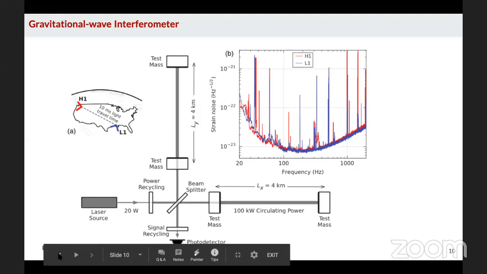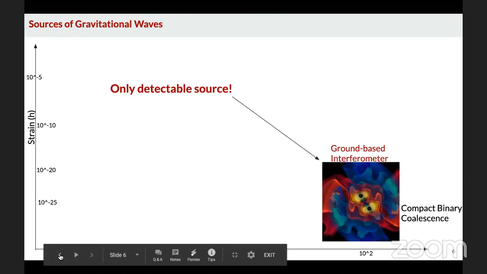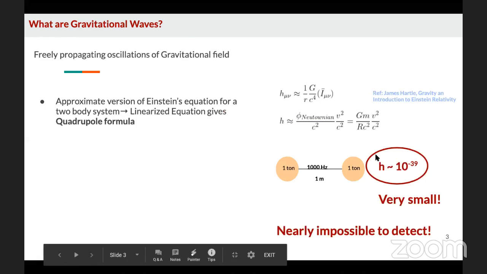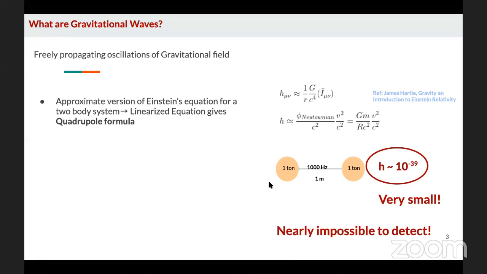Let me go back and give you a feel for the numbers, what kind of strains we are looking at. In this diagram, if we imagine a physical scenario with two dumbbells where one-ton masses are attached, 1 meter apart, and we rotate this system, it will produce a gravitational wave strain, or a change in the arm length.